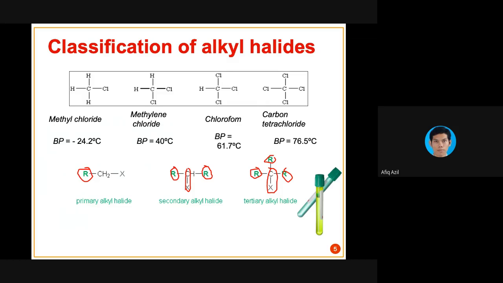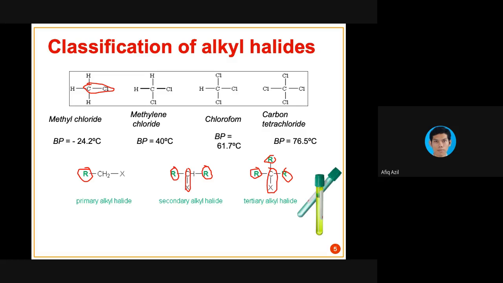This CCl. You look at the carbon that is bonded to the halogen. Is it bonded to any other carbon? No, right? So this is not considered to be primary, secondary or tertiary. This is just known as methyl halide. This is a special case because the carbon over here is not bonded to any other carbons.